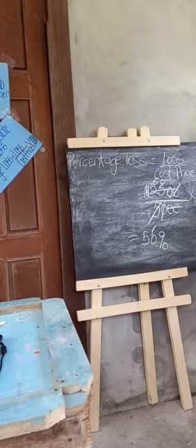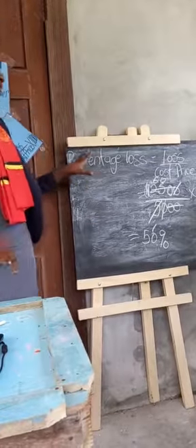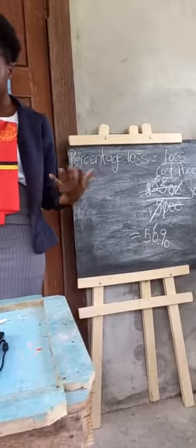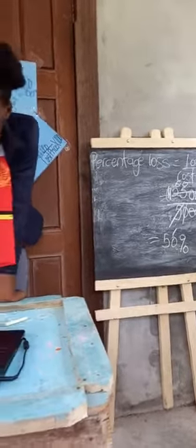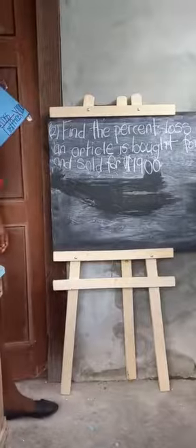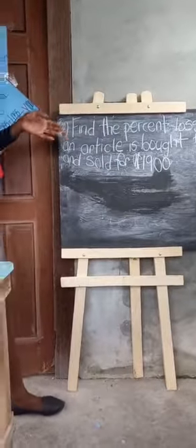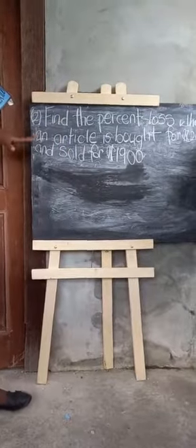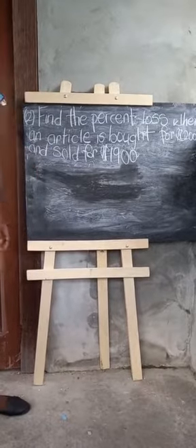Right? Good. So make the necessary adjustment for the person that did not get it correct. And then let's move on to a next example. So our next example reads, find the percent loss when an article is bought for $2,000 and sold for $1,900.